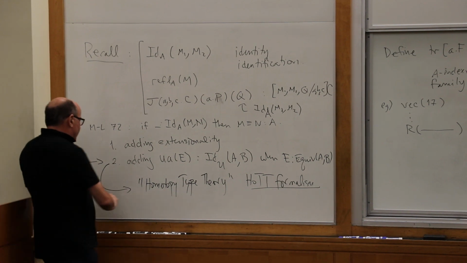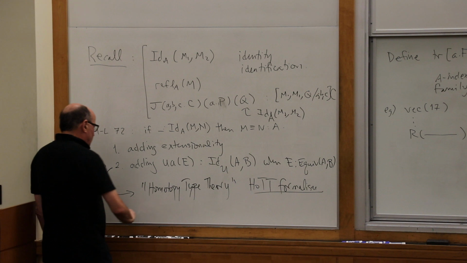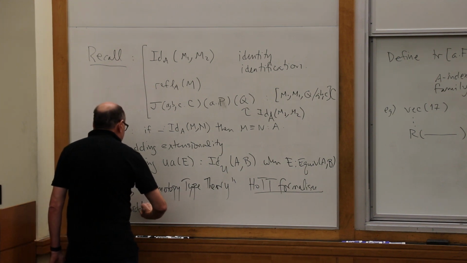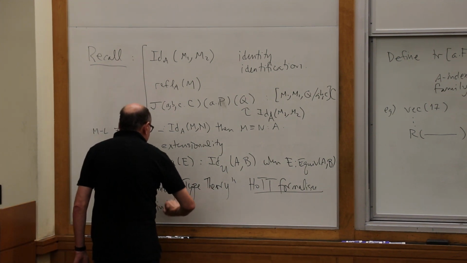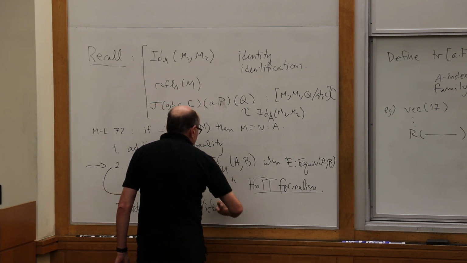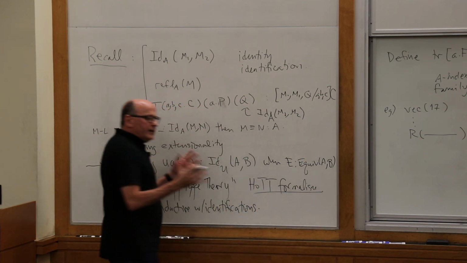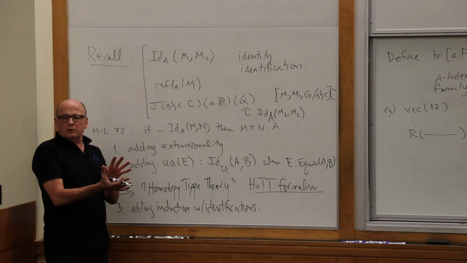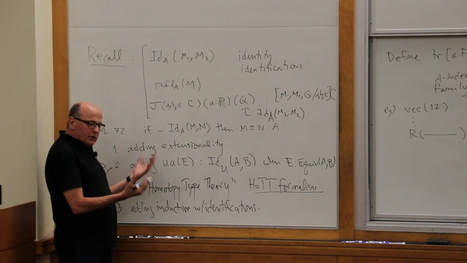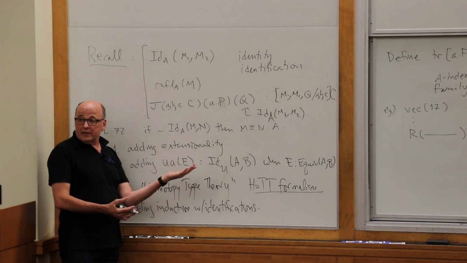And actually there's a third thing, which I probably will not be able to discuss at all, which are inductive types with identifications. Think of it as, roughly speaking, defining an inductive type that's quotiented in a certain way. And the quotienting is represented by the existence of identifications of elements of that type.